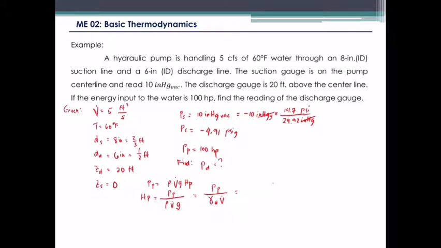This is 100 horsepower. So kaning horsepower, i-convert nato siya.